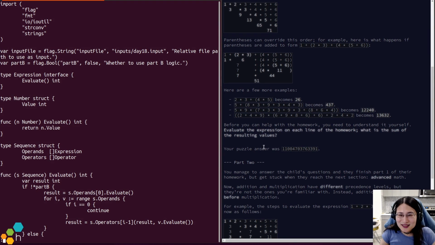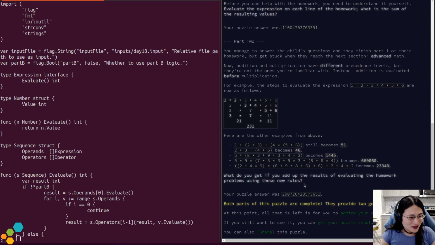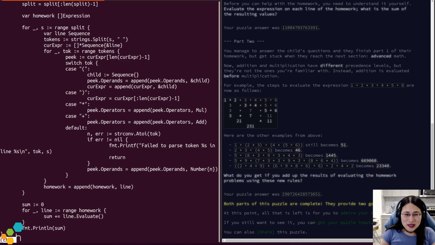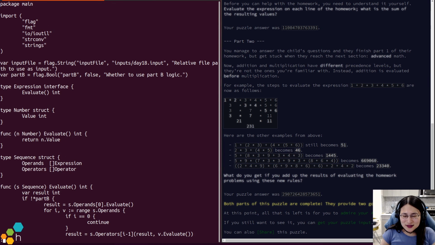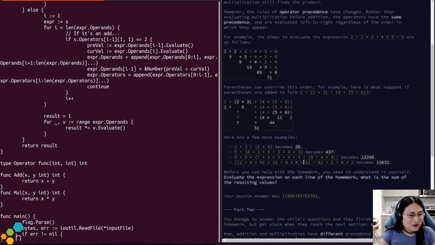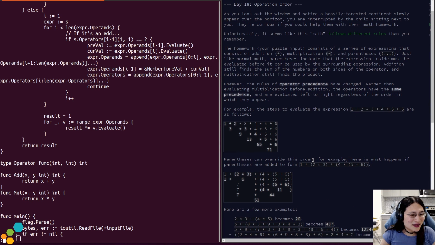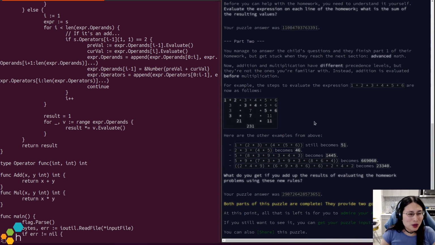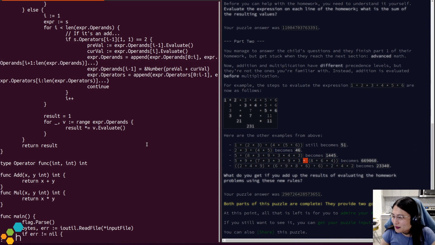So that's what happens in part B. As long as you implemented the parse tree, then you were able to relatively straightforwardly do this. But part A was doing it left to right, and then part B you really needed that parse tree.